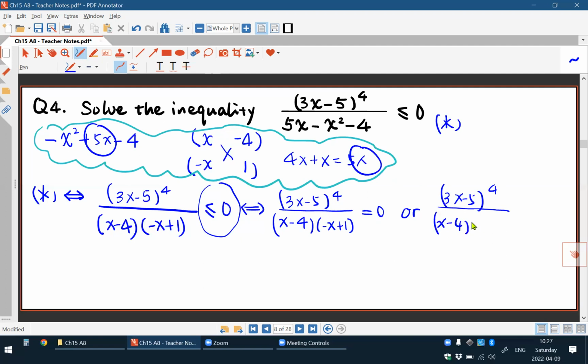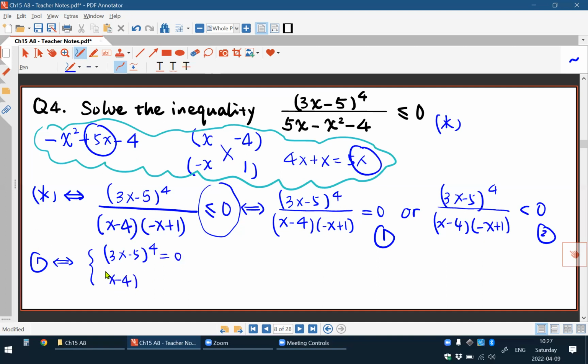We need to find all x that can satisfy either of these two expressions. So let's call this 1 and 2. Then let's consider the first equation. Equation number 1 is equivalent to, first of all, a ratio that is 0 means the numerator must be 0 and the denominator cannot be 0, right?